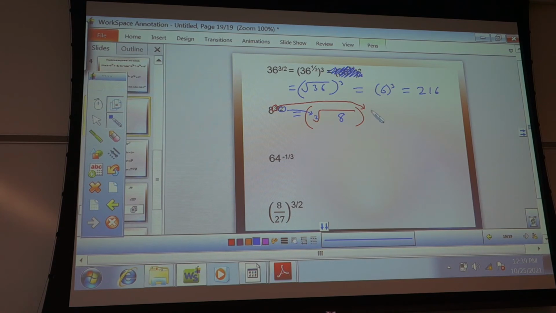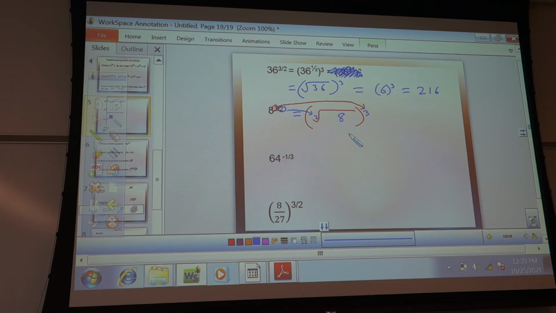What goes on the outside? What's the number on the outside? 3. Oh yeah, I messed that one up. That's not going to help us because I don't know what the square root of 8 is.